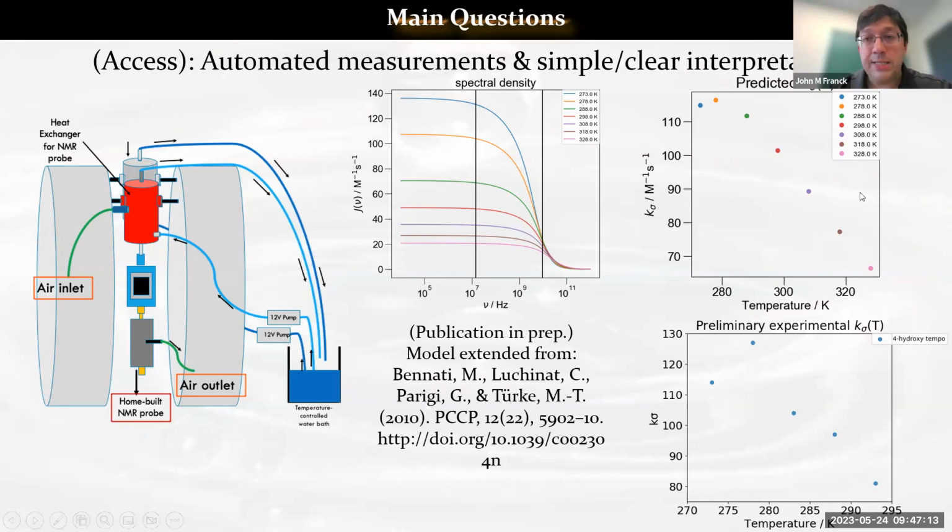This maximum only happens in the K-sigma, because here the correlation time is faster than the inverse of the characteristic frequency. Here it is exactly matched, you get maximal transfer, and then here it's slower.